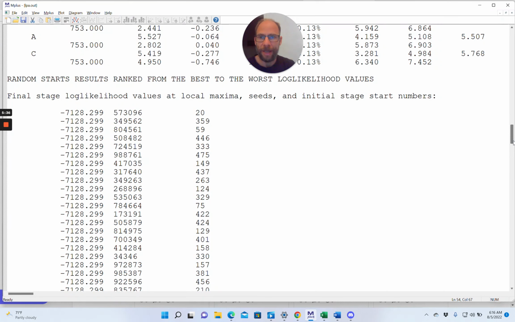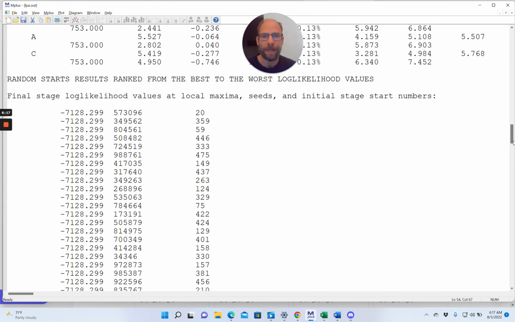And then you get a ranking of the log likelihood values, and that is actually something that I do want to spend some time on explaining, because this is very important when you run latent class analysis, latent profile analysis, or other types of mixture distribution models, that you take a close look at this listing of the log likelihood values, because this allows you to identify potential local maxima when you run into a solution that may not be identifiable for the data at hand, or maybe you didn't run enough starting values to identify the true maximum likelihood solution for a given set of data.